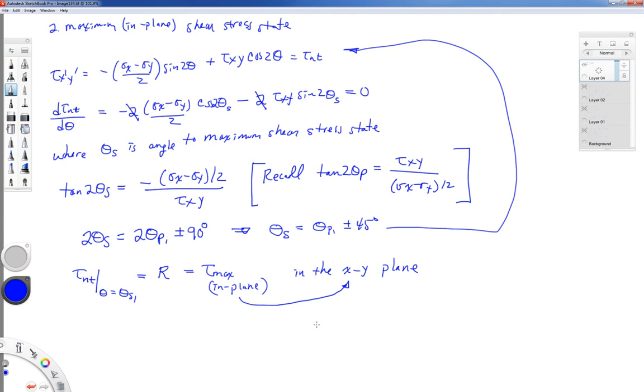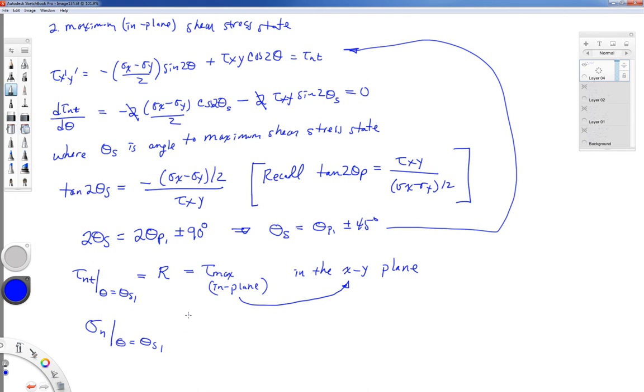We want to find out what the normal stress is on the planes of maximum shearing stress. So we would go back to our sigma n equation and plug in 2 theta S1, the sine and the cosine of 2 theta S1. And what we would get when we do that is, theta equal to theta S1.